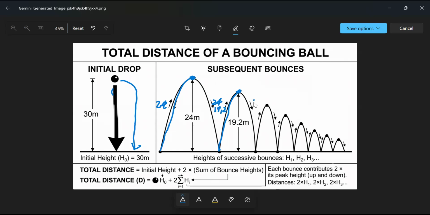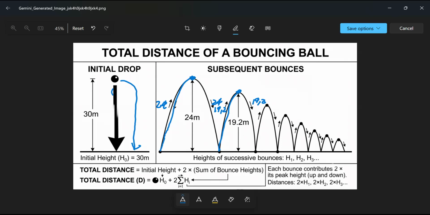Now, there are many ways to approach this question, guys, but we are going to choose the one whereby we've already calculated the sum to infinity in question 3.2.3. So we're going to continue from that.